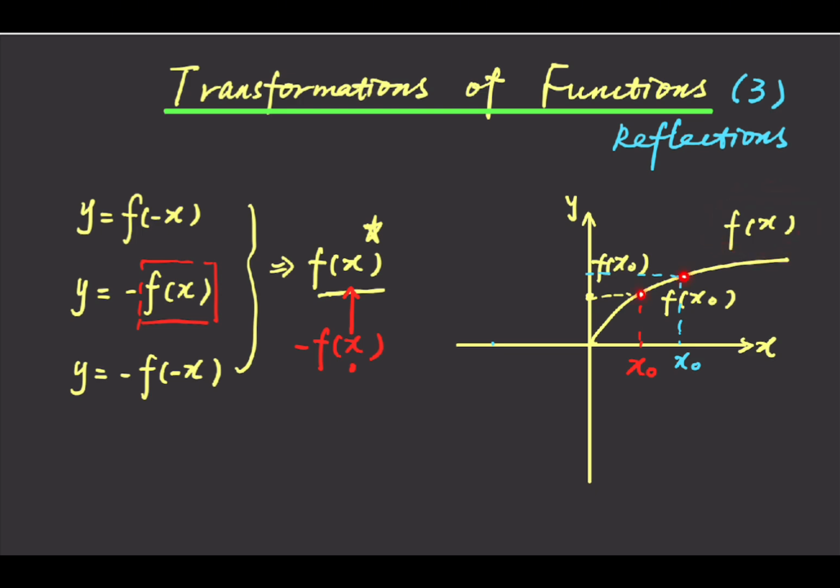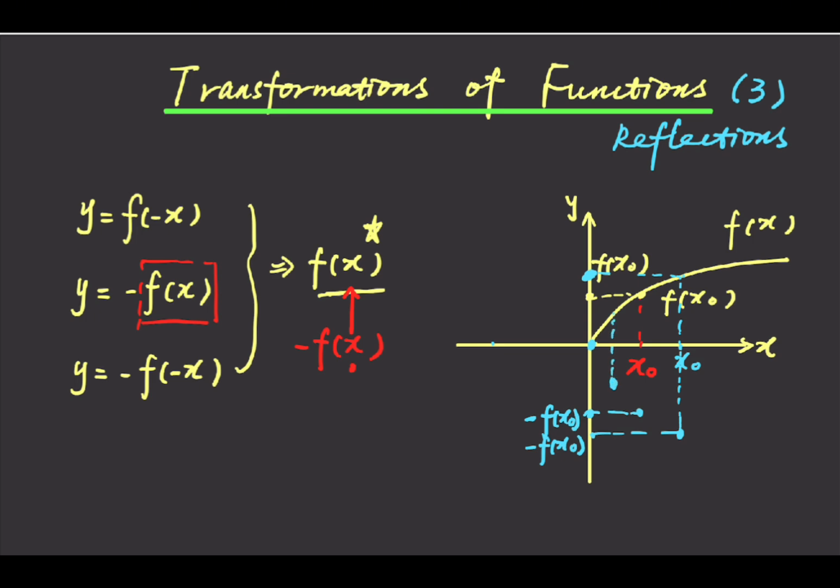So we can figure out that for this point, its image point should be here. That is to say, here it should be negative f(x0). For this x0, the x coordinate should be the same, but this time the y coordinate should be f(x0)'s opposite value. For this one and for this one.